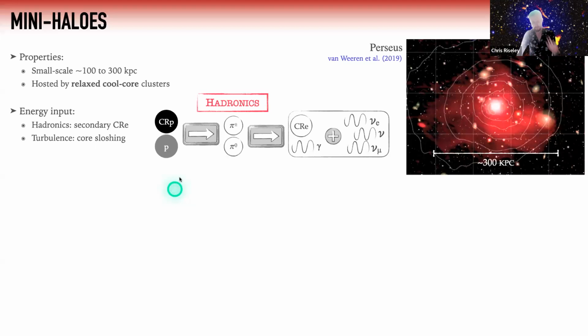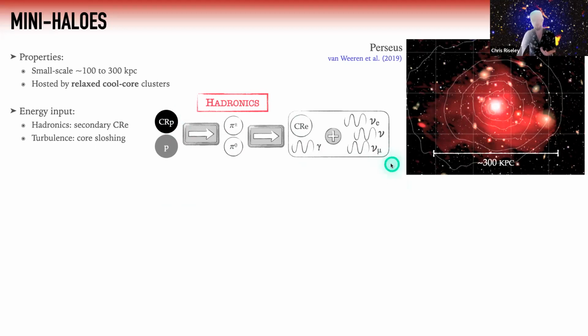So when we talk about hadronics, we talk about generation of secondary electrons through the inelastic collision of cosmic ray protons and thermal protons, which generate various flavors of pion that then decay into these relativistic cosmic rays, gamma rays, and a variety of neutrinos. This is very much a non-exhaustive list.